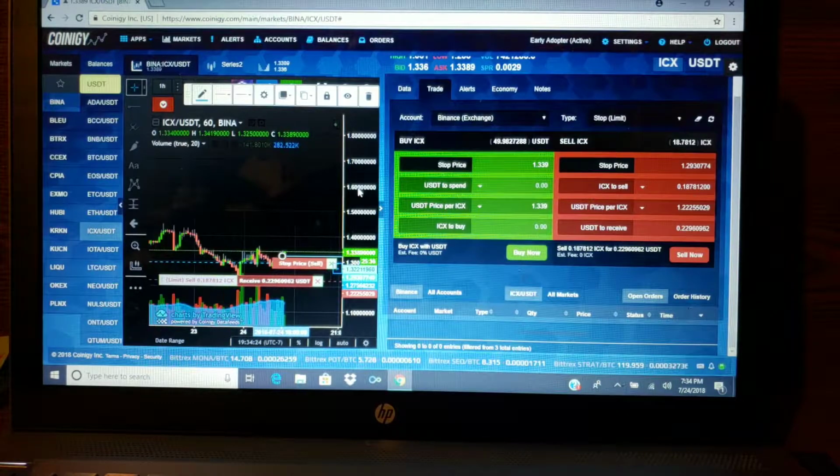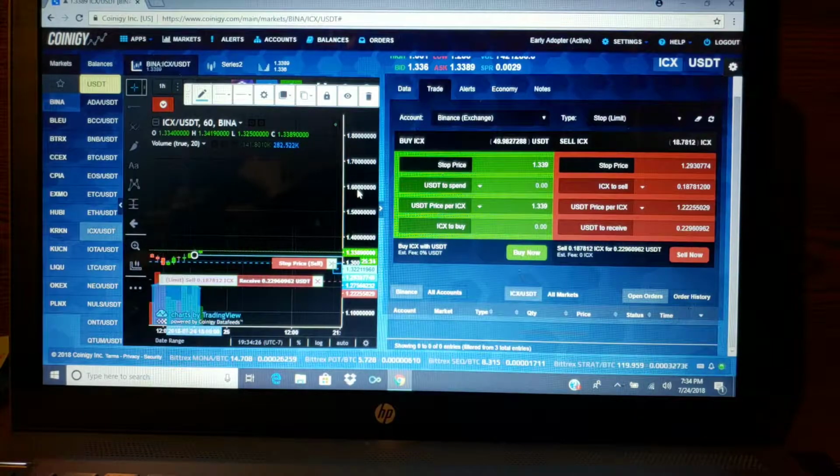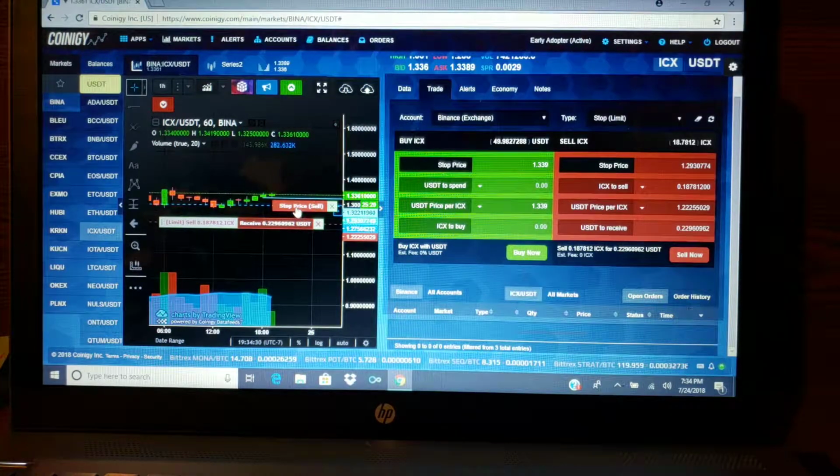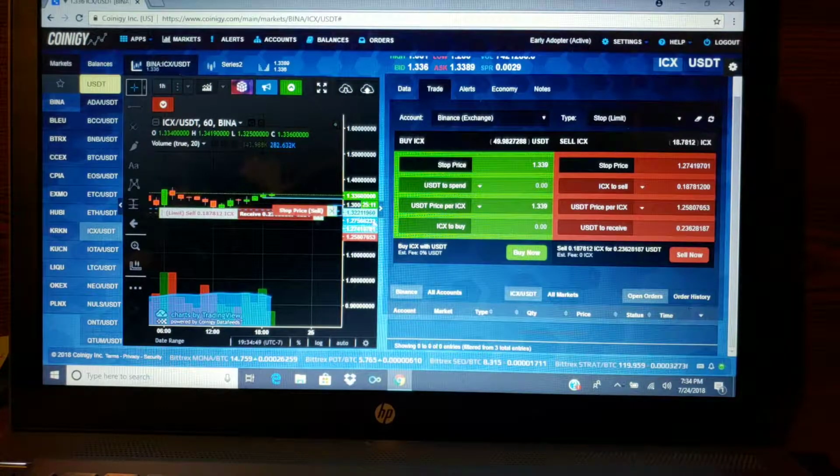Might have to zoom in, I guess. Not too much stuff cluttered up there. Yeah, we'll just set it up in case it takes a hard crash. We'll just get us out.